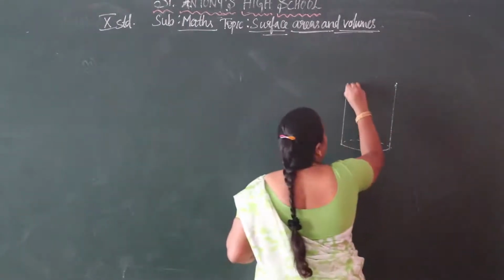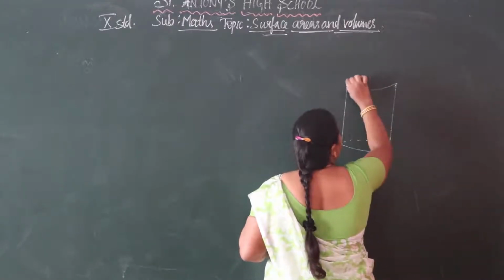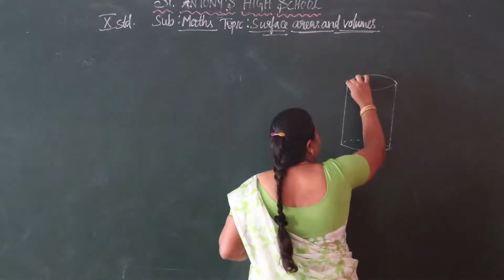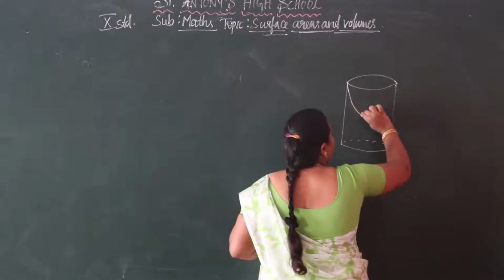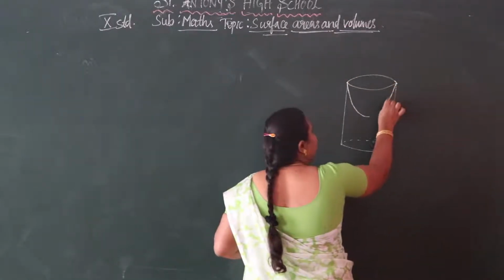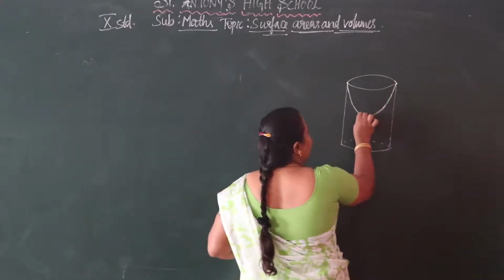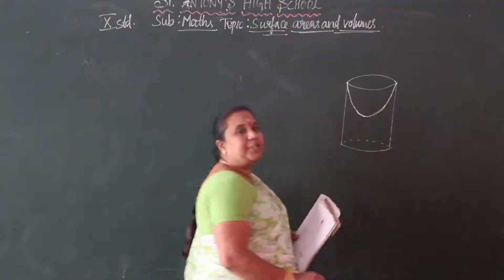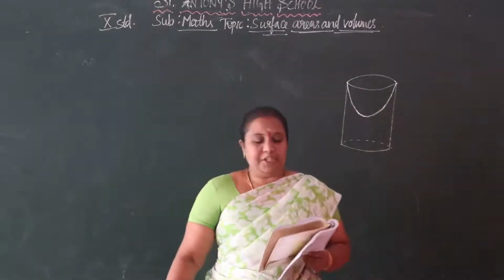This is a cylinder, you know that, no? So he made a hemispherical depression on this cylindrical shape.